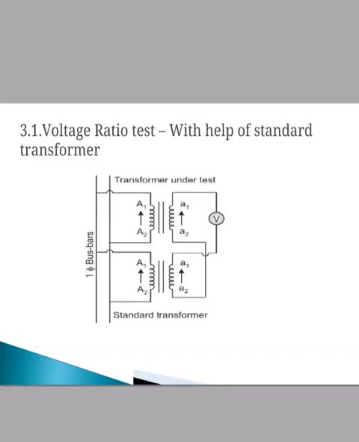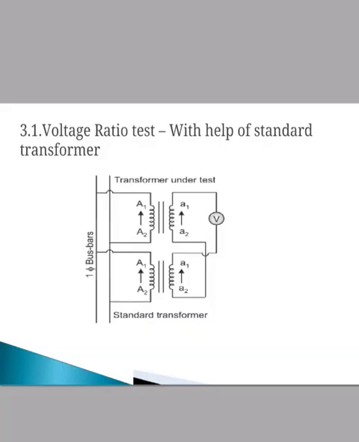Then we apply the voltage to the transformer. We measure the primary and secondary voltage with the help of voltmeters, and calculate the voltage ratio. It is the ratio of secondary voltage to the primary voltage.